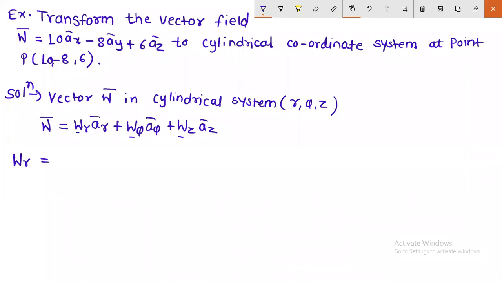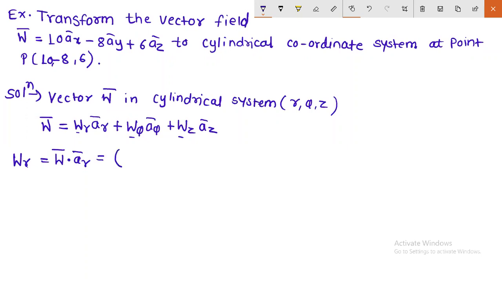It is given by that vector w bar, and the direction in which you are projecting is a bar r. So it is the dot product with unit vector a bar r.